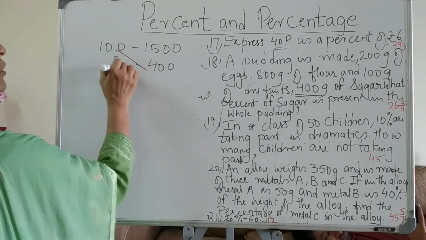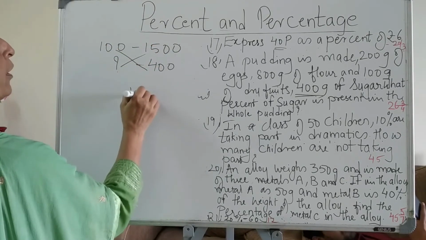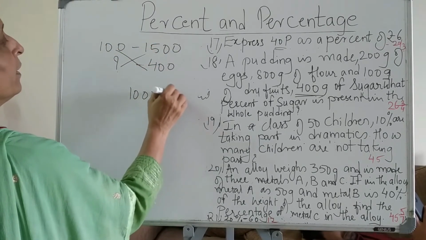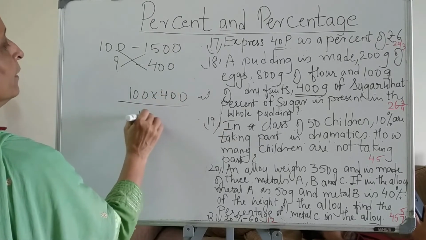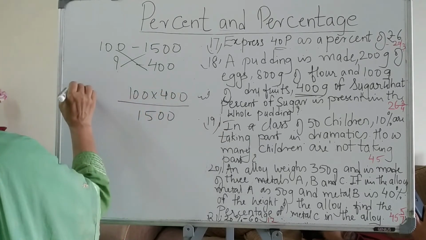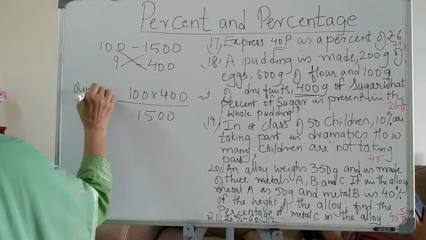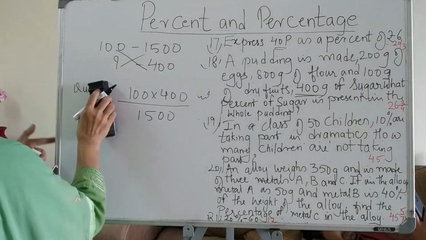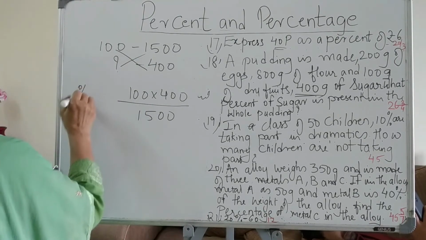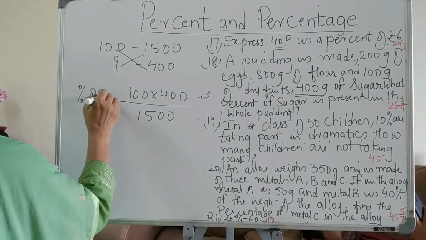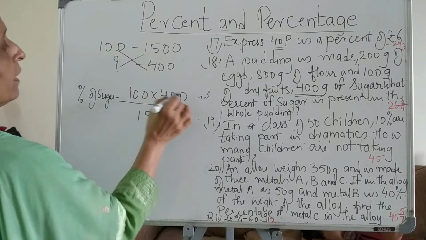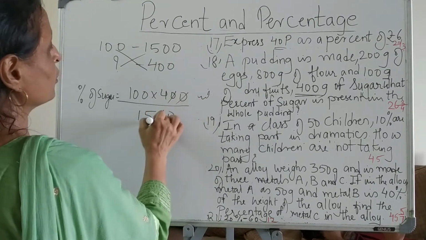Cross multiplication, that is 100 into 400 by 1500. This is the percentage of sugar. Now let us cancel both the zeros.